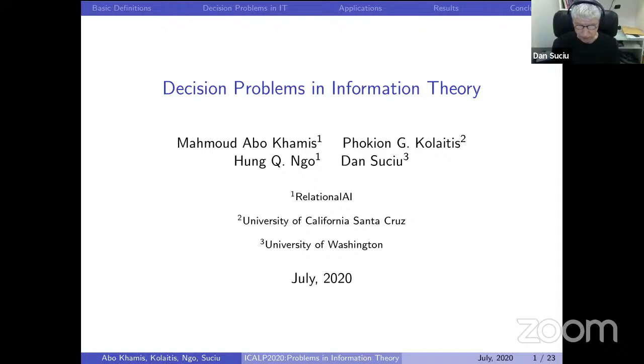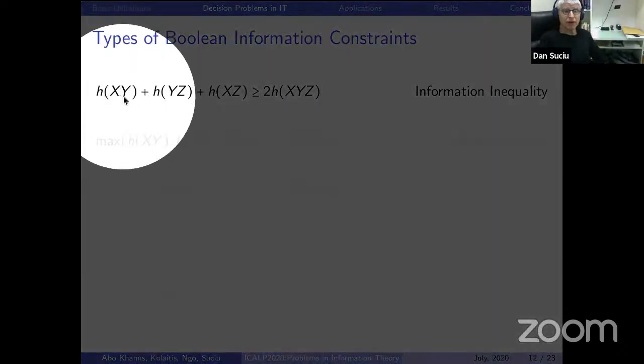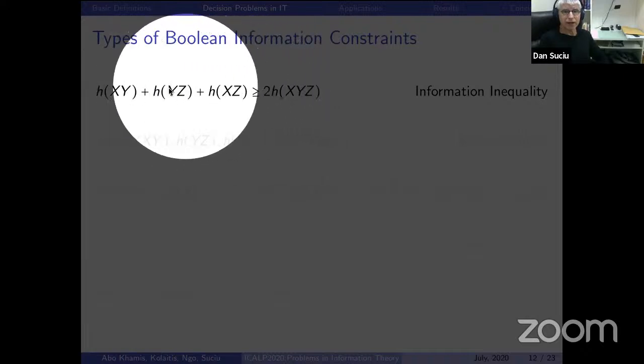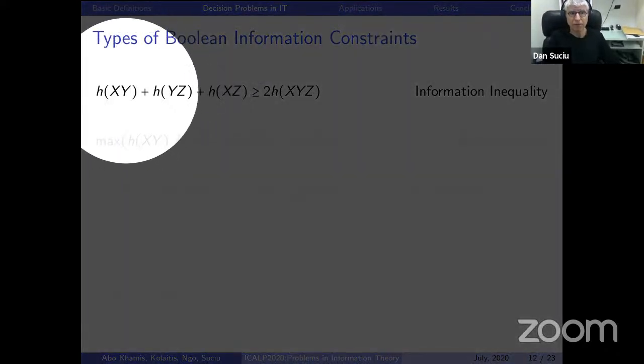So let me go directly to the slide where I want to present. What we consider are constraints that are Boolean constraints over linear inequalities of information terms. So here is an example. Imagine that we have 3 random variables, x, y, and z, over finite domains. H denotes the entropy of the joint random variables x and y.